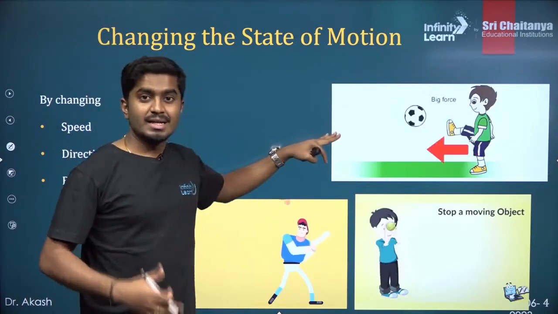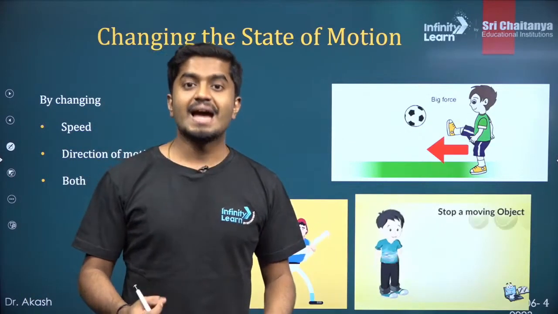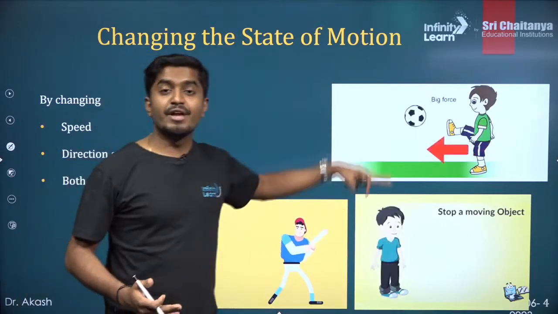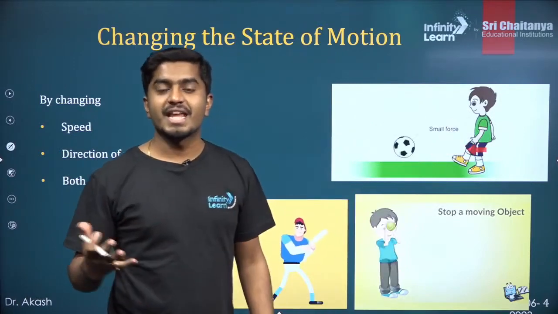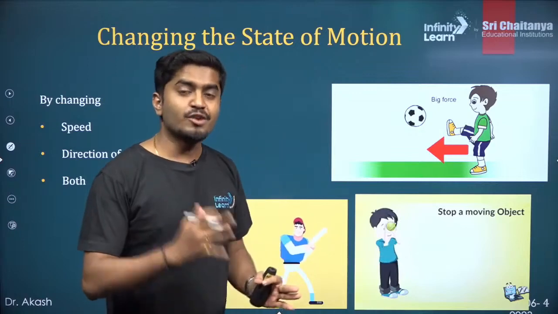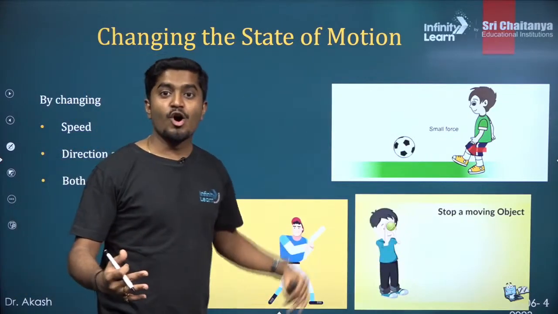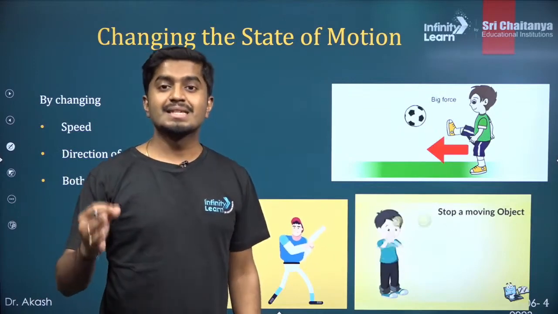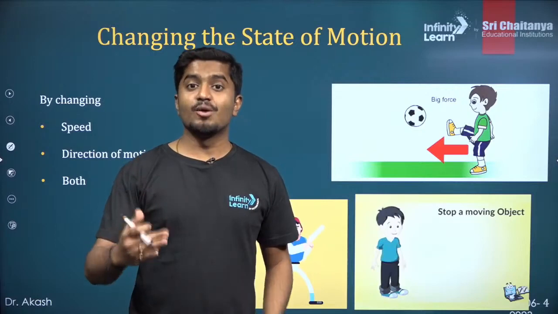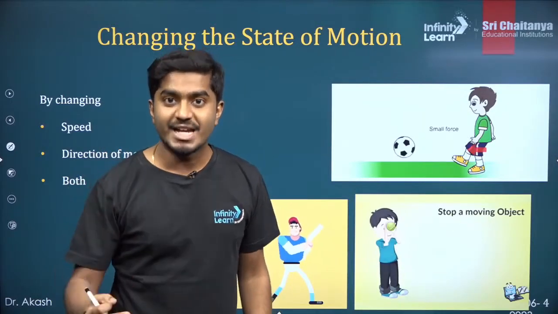So here these different objects have different speeds and a particular direction. That means they have a velocity in different directions. So what is the state of motion? The state of motion is nothing but whether the object is at rest or if it is moving. That means does the object have any speed, and if it has any speed, is it moving along any particular direction?